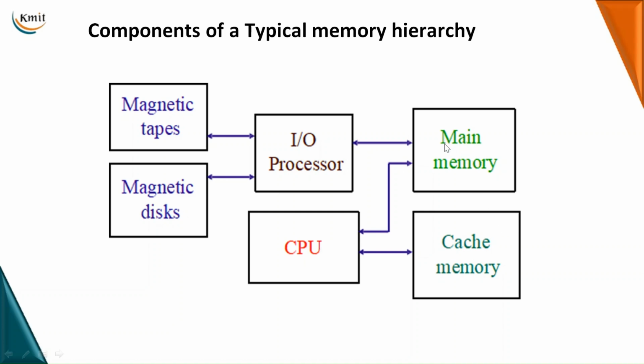At the same time, if any data present in the main memory is not required by the CPU, it can be transferred back into your magnetic disk or hard disk. So the input output processor helps in transferring the information between your auxiliary storage devices and your main memory. So these are the components of a typical memory hierarchy.